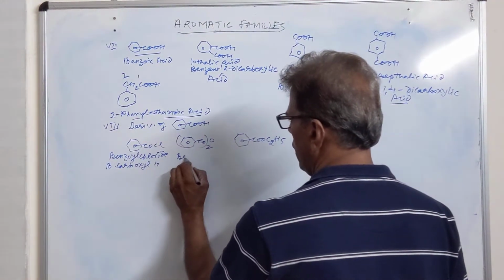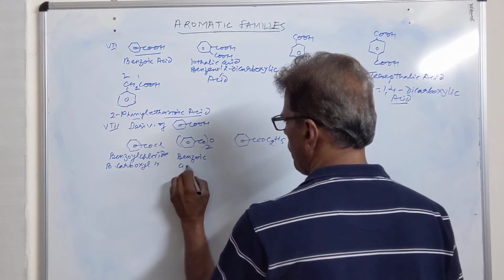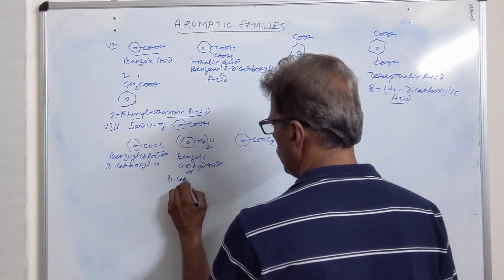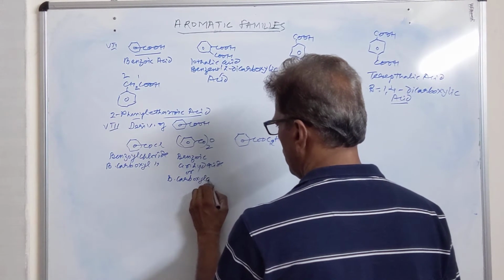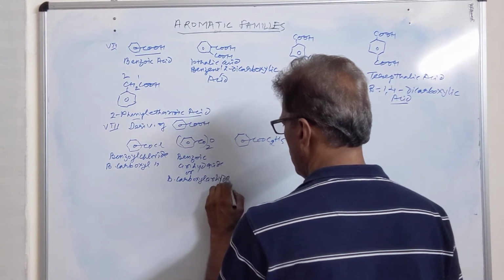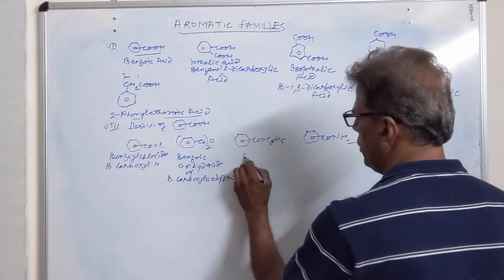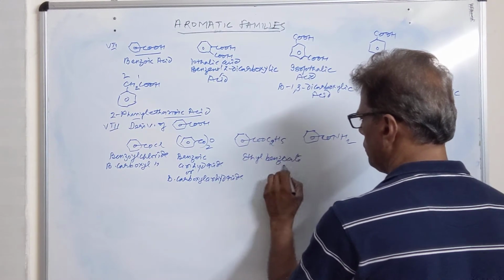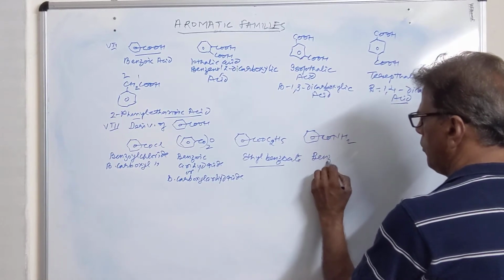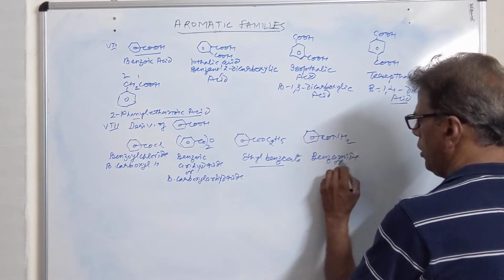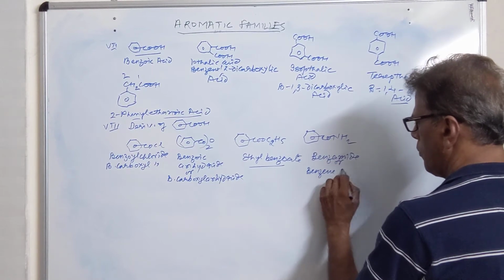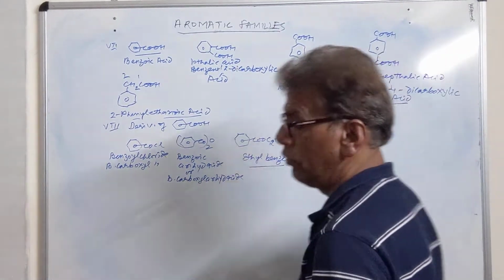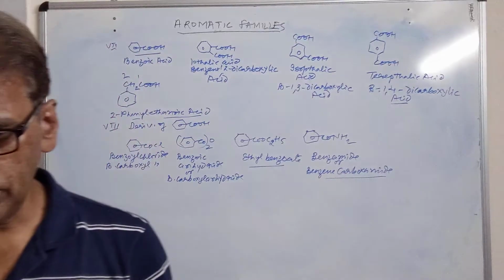This is benzoic anhydride. Or benzene carboxylic anhydride. This is ethyl benzoate or ethyl benzene carboxylate. This is benzamide or benzene carboxamide. So these are the derivatives of carboxylic acid.